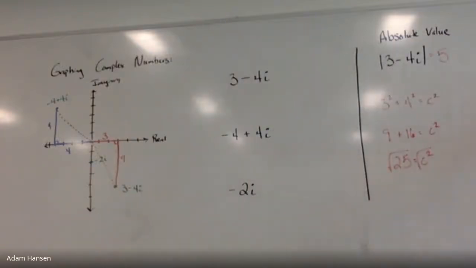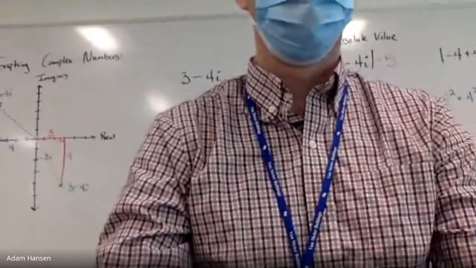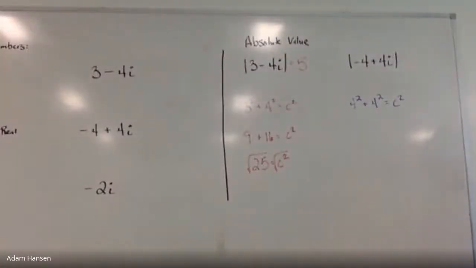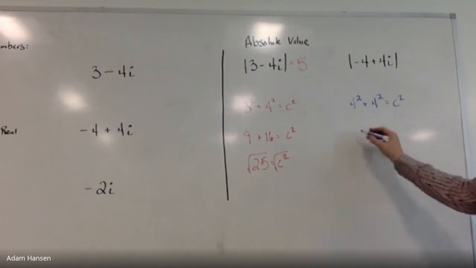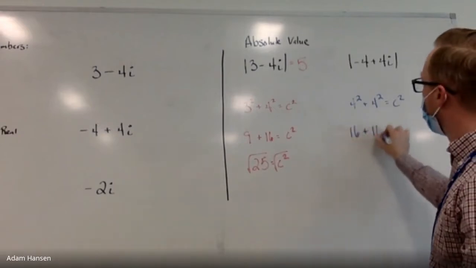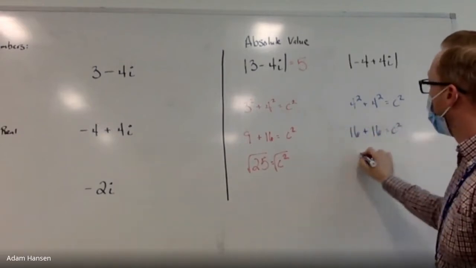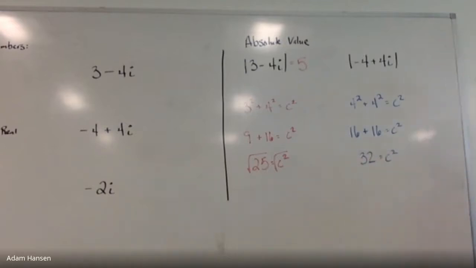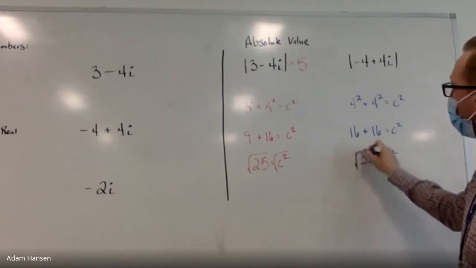A squared plus b squared: negative 4 squared plus positive 4 squared equals c squared. 4 squared is 16, so I have 16 plus 16 again. 16 and 16 make 32. Now to solve for c, to find the absolute value, I take the square root.